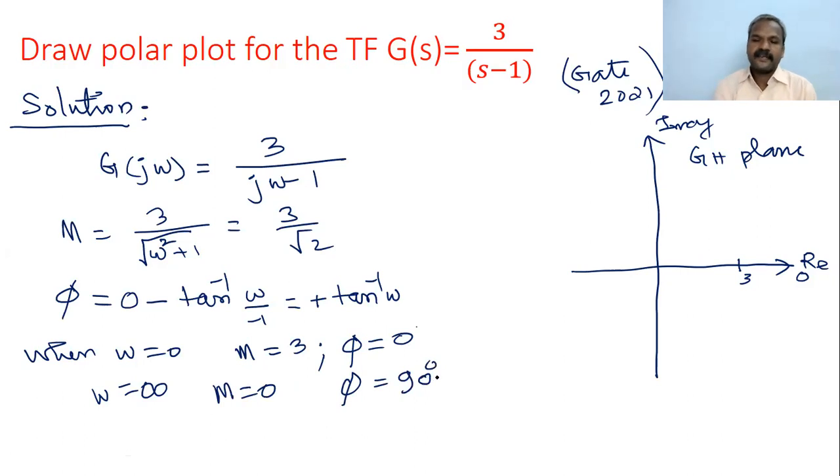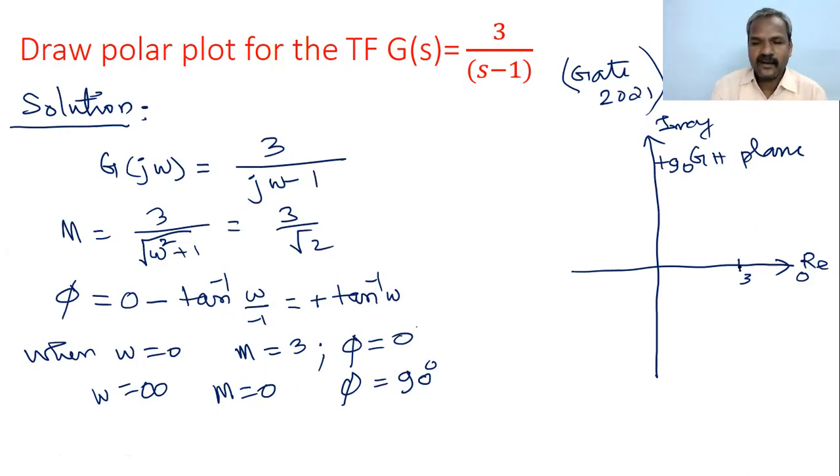So where is plus 90 degrees? Plus 90 degrees is here. If you proceed in this way, we will get the polar plot starting from magnitude 3 and phase angle 0, going from 0 to 90 with infinity.